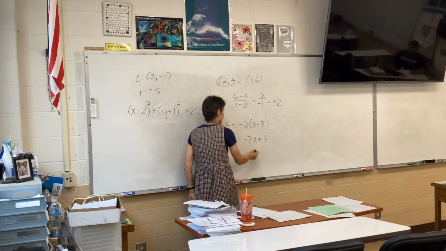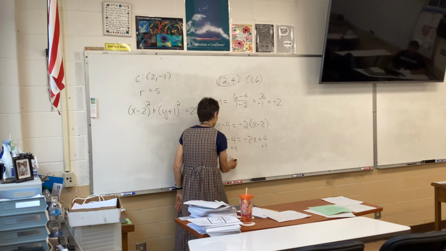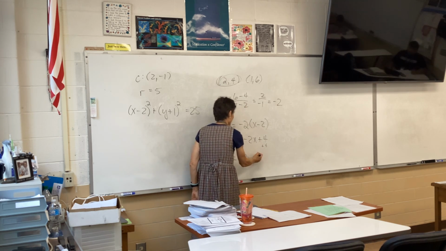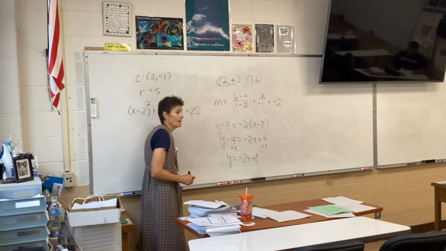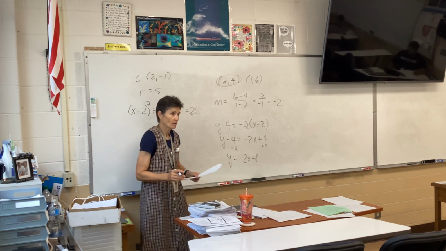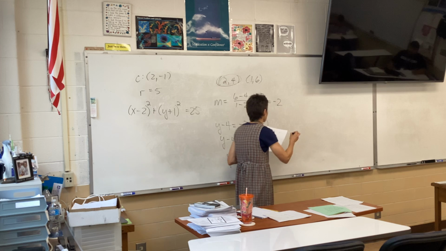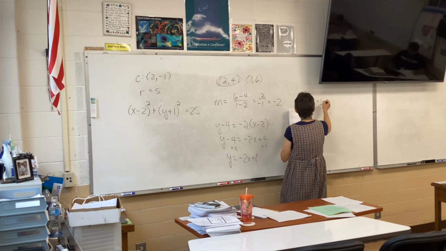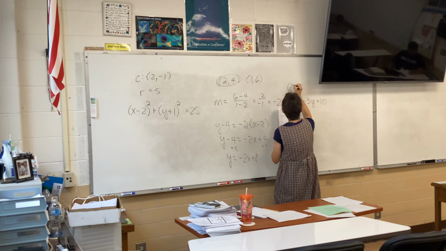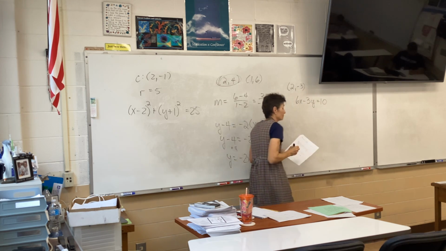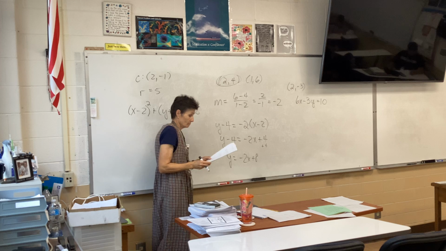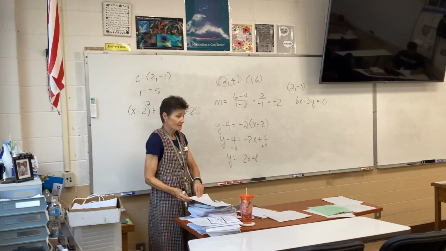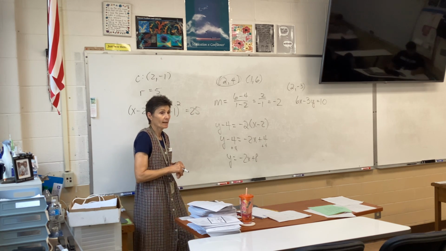And add 4, the 4's do not cancel, please don't cancel them. We get -2x plus 8 as the equation of our line. Any question about that? Any question about 7a? We got it?